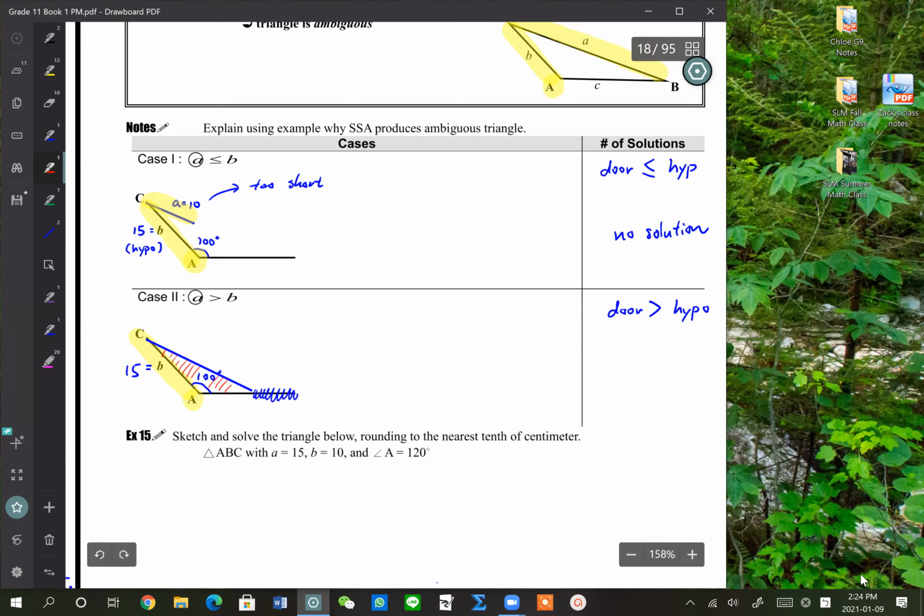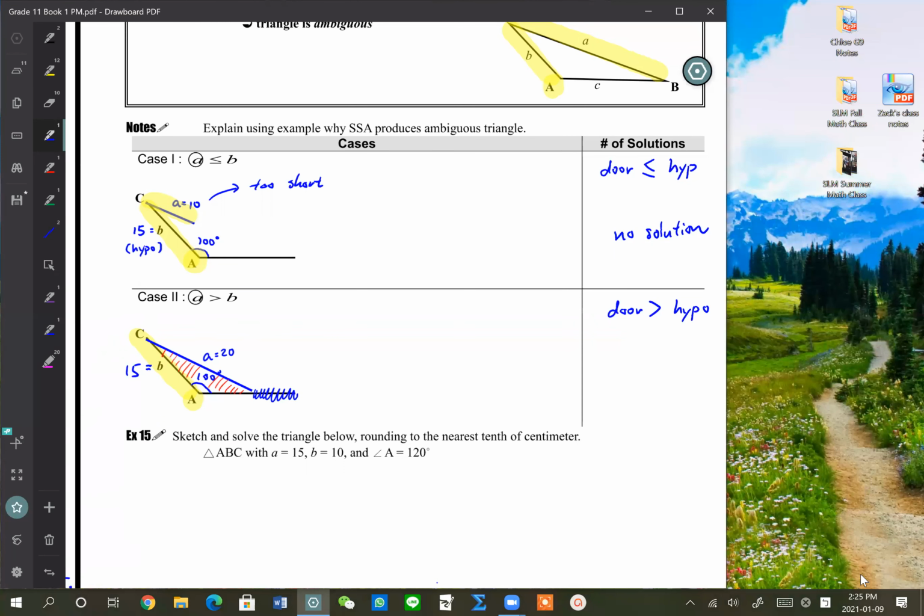Because the side C doesn't tell you what measurement it is, it could be long, could be short. It's not fixed. So if they give you a door longer than the hypotenuse, that's the only way to draw it out. So this is one solution.